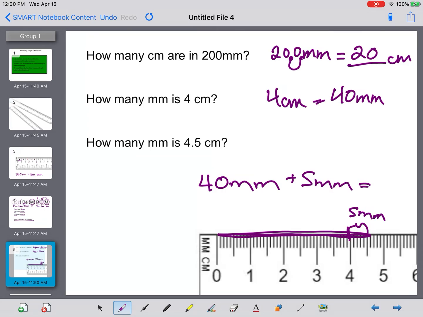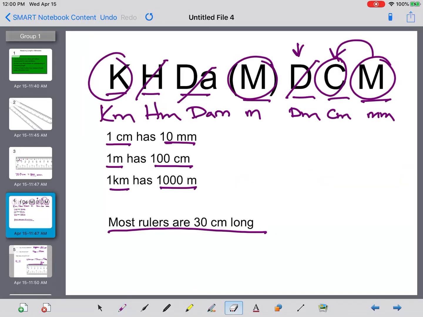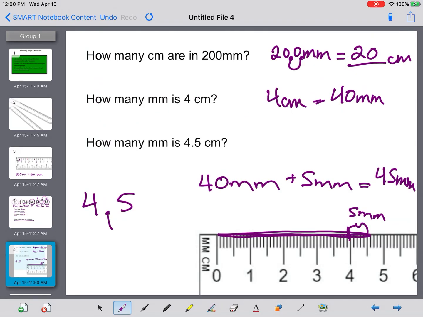So that would mean that 4.5 centimeters has 45 millimeters. And again, you can use that little trick of jumping the decimal over one. Because here we see that from centimeters to millimeters, our jump is going this direction. So our decimal jump would also go this direction, and that would give us 45.